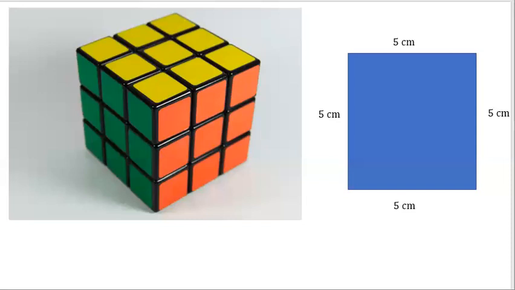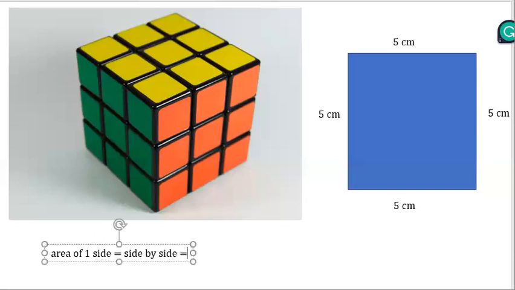So let me write it out. You have area of one side is equal to side by side, which is equal to 5. Wait.